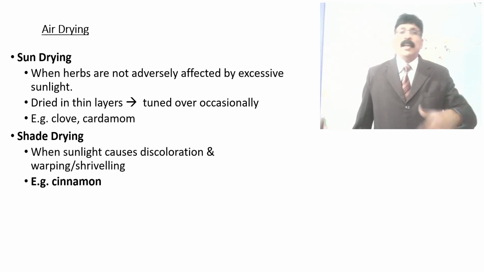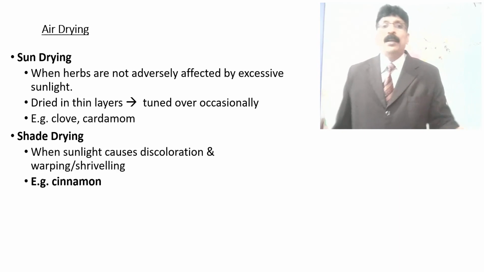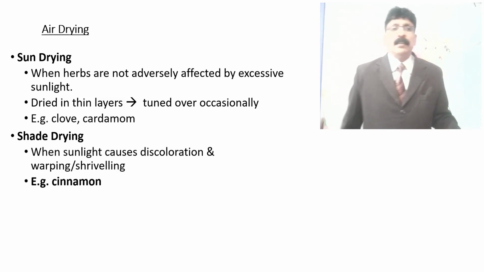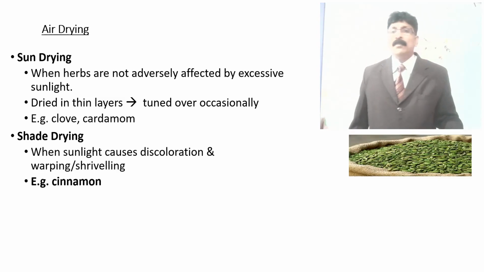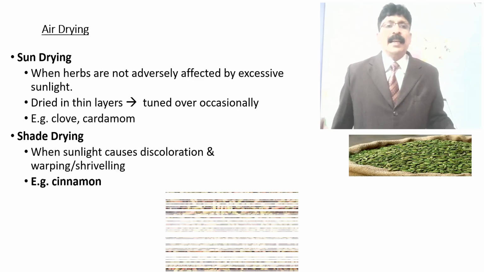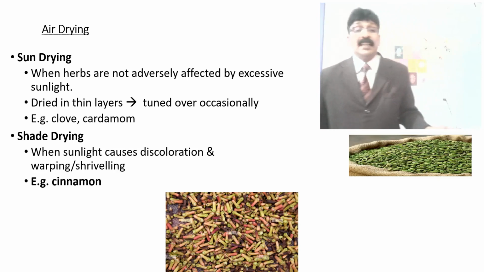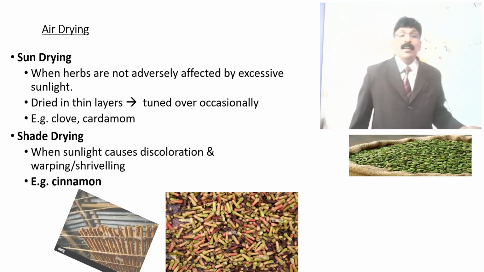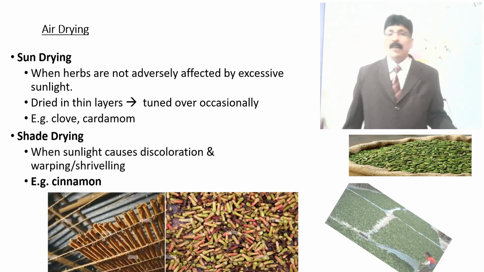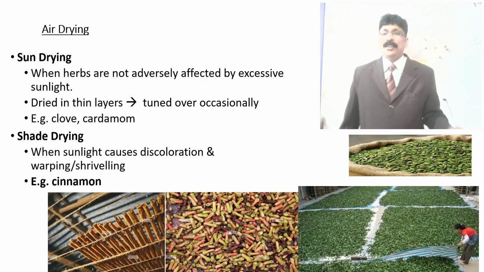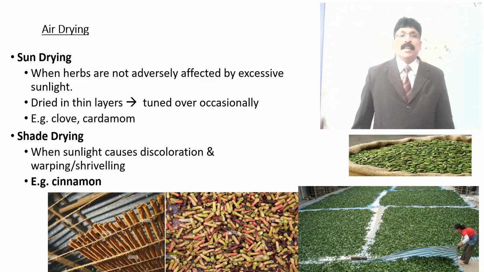Then it can be turned occasionally, like clove and cardamom. And shade drying, when sunlight causes decoloration, wrapping, swirling like cinnamon can be done in shade drying. So these are some of the drying techniques which can be done manually.